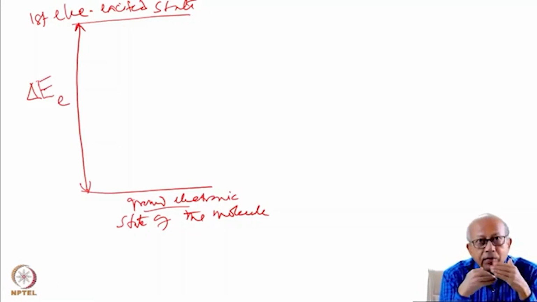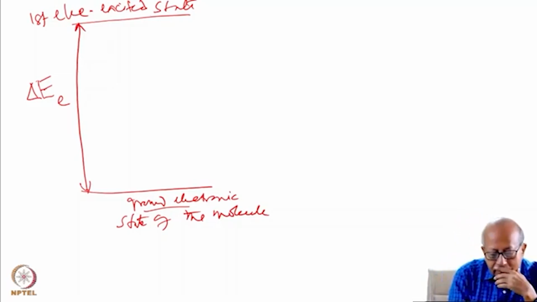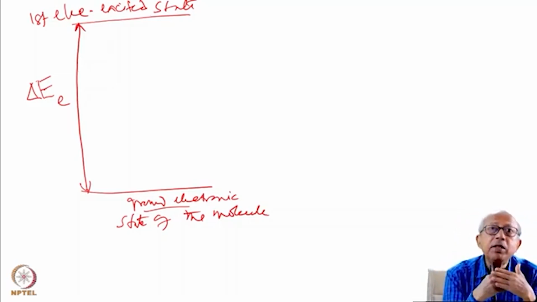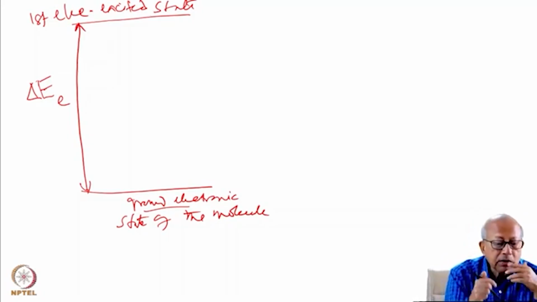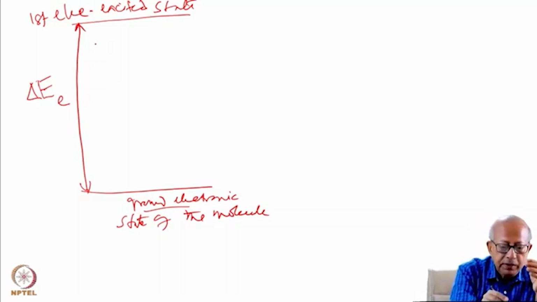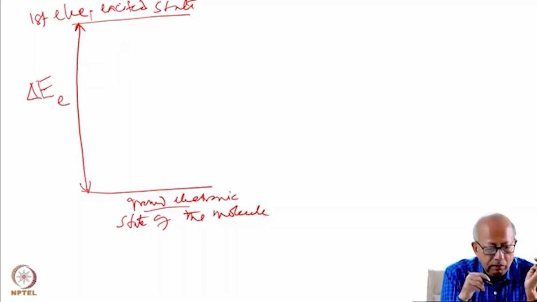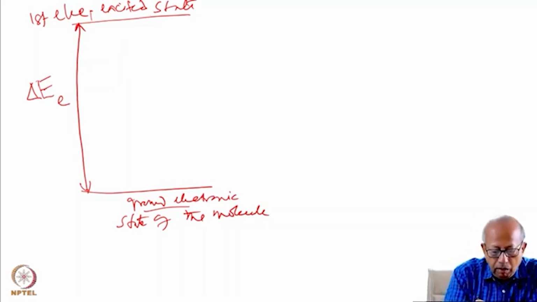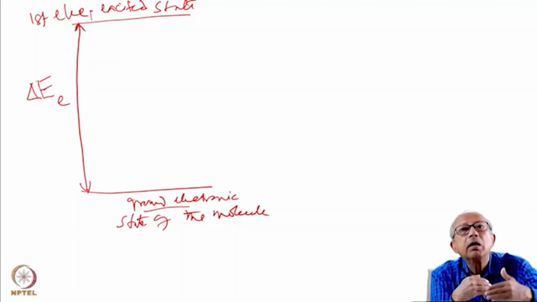The vibrational excited states are also quantized, and the spacing between these vibrational excited states is much less compared to this spacing, and the separation between two adjacent vibrational states is the same.